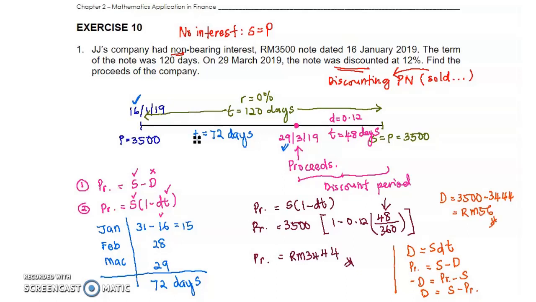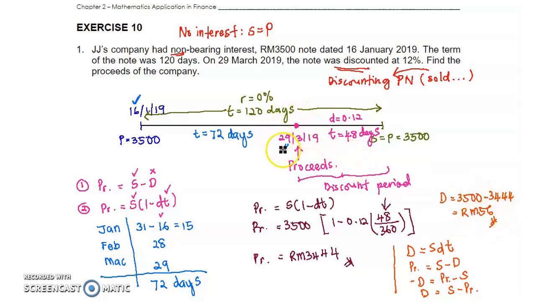Okay, so just now you borrowed 3500 with no interest, which means that after 120 days you still need to pay 3500 ringgit. But now you sell the note on 29 March. Instead of paying the full 3,500 ringgit, you get a discount of 56 ringgit.